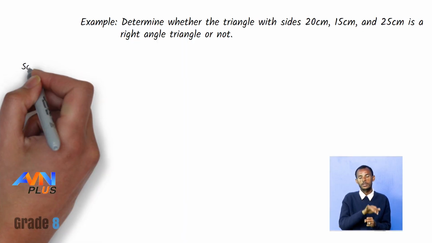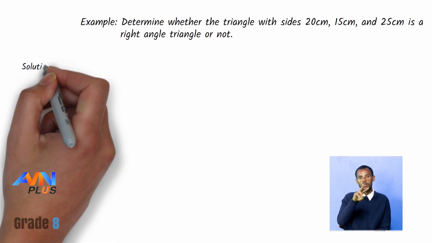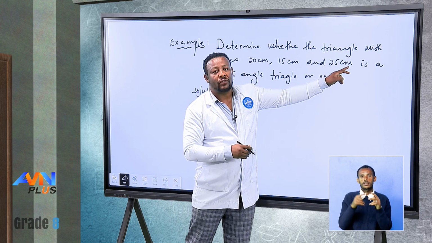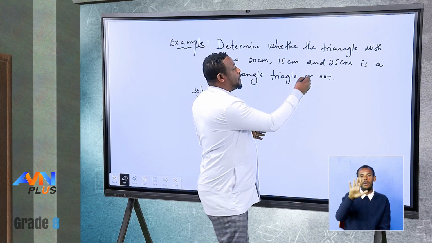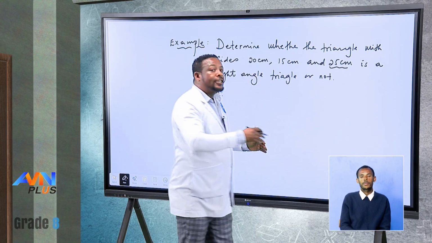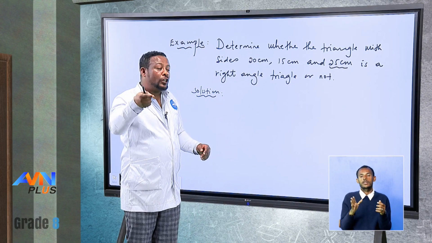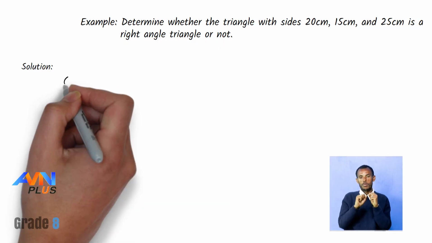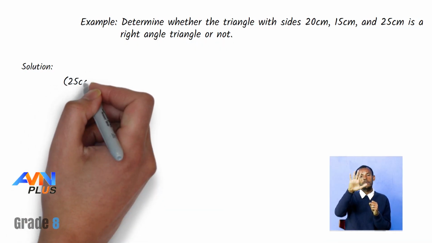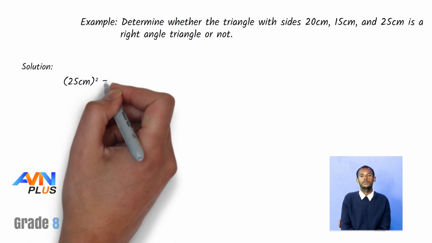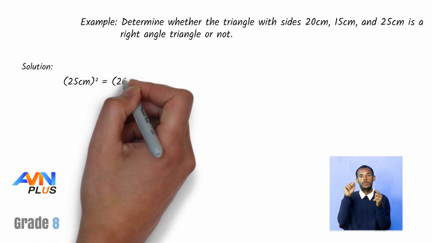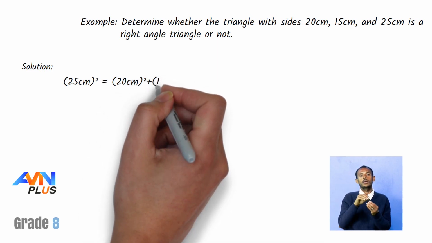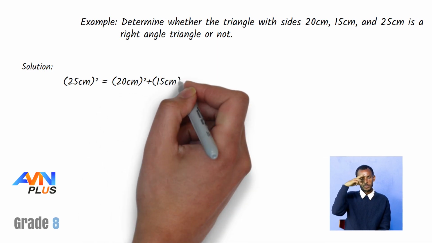Okay, so look at all the sides. Clearly the longest side in this triangle is 25. Okay, clearly 25 is the longest side. So the only thing that you can do is compare the square of 25, whether this is equal to 20 centimeter square plus 15 centimeter square or not.